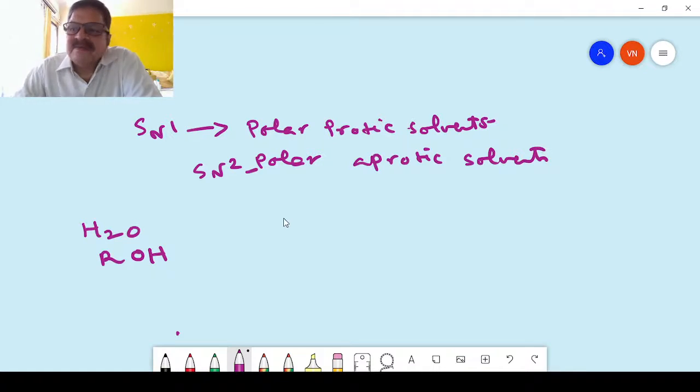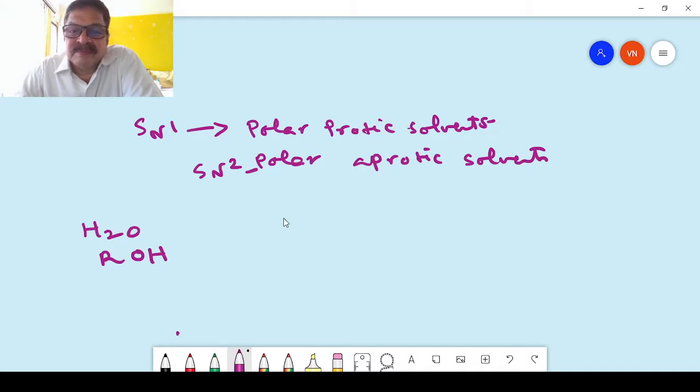These nucleophiles are not hidden, surrounded by the solvent. So they are more nucleophilic, therefore. That means in the Sn2 mechanism we want stronger nucleophiles. Stronger nucleophiles favor Sn2 mechanisms.